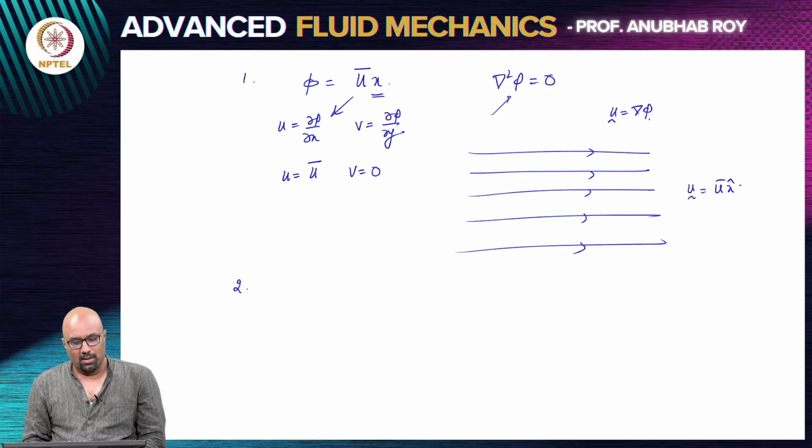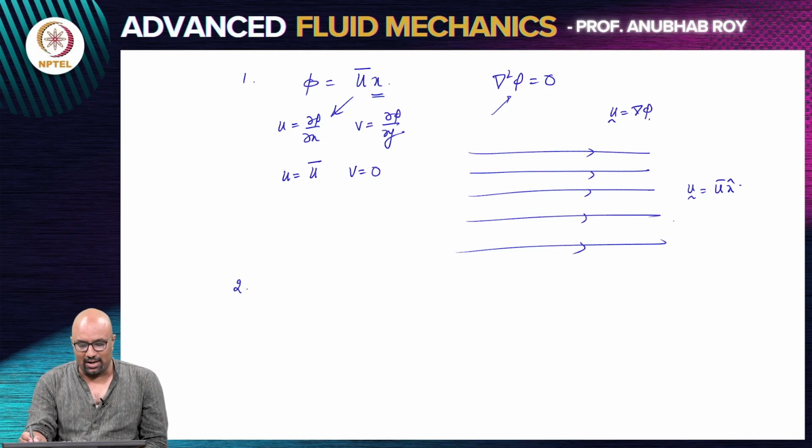Now, when I sketched out these streamlines, I am basically writing down the velocity field from that particular value of potential. Now, what would be lines of constant potential?